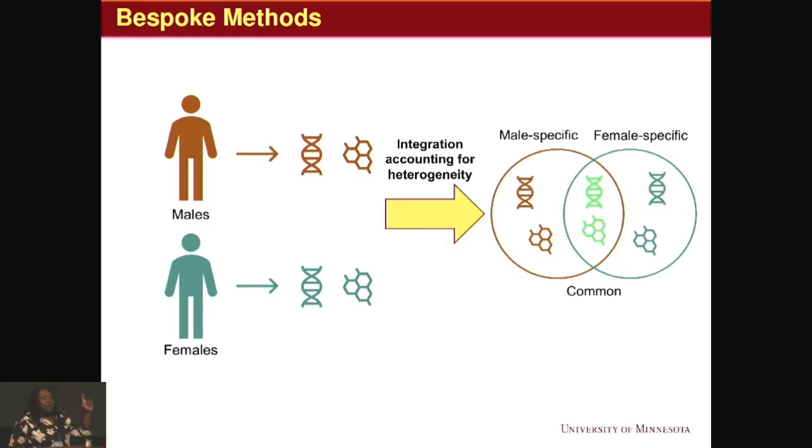And the subgroup is not just males or females. It could be race, it could be social determinants of health, or it could even be disease subtypes, such as cancer subtypes. And so can we find genes, or let's say proteins, that are common between the subgroups that we are considering and that are specific to a particular subgroup?